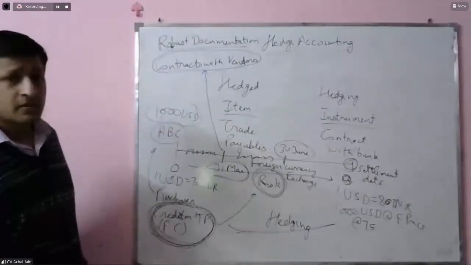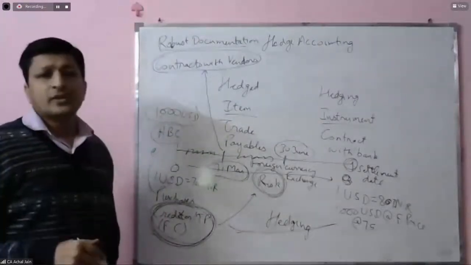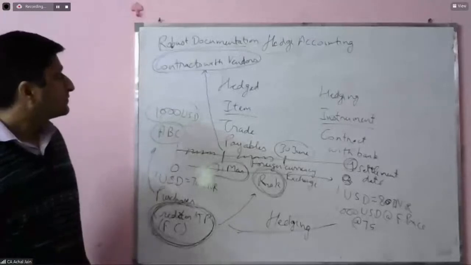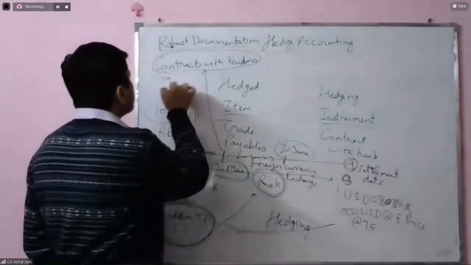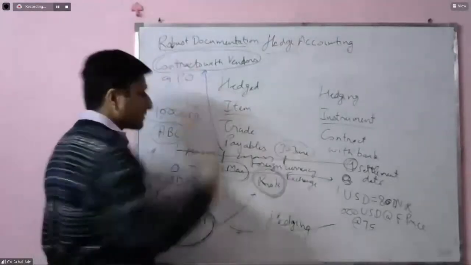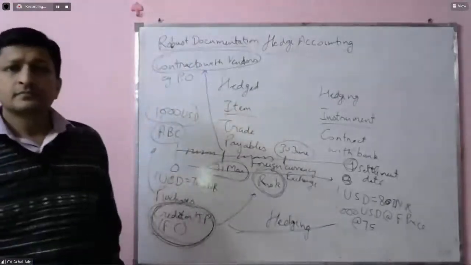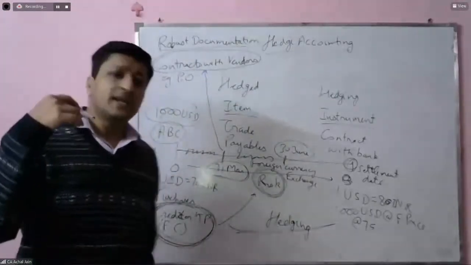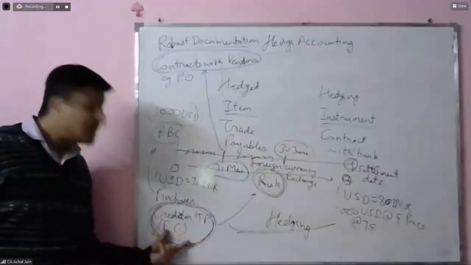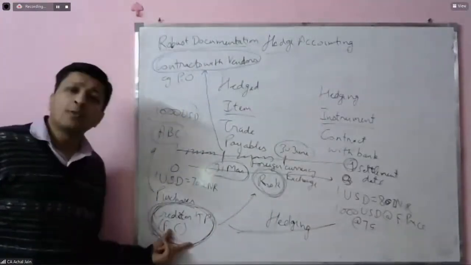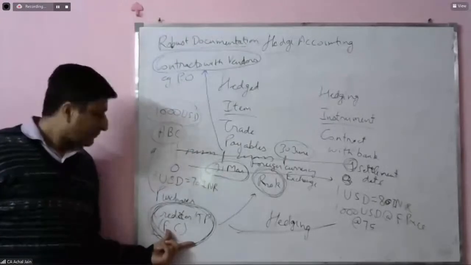Other than this, there could be another type of transaction. Let's think about it. In this case, we were saying entity has got purchase orders. Let's suppose entity doesn't have any creditor denominated in foreign currency in the books.